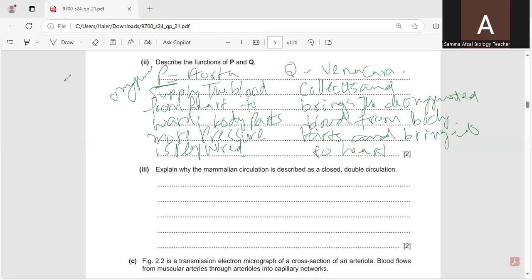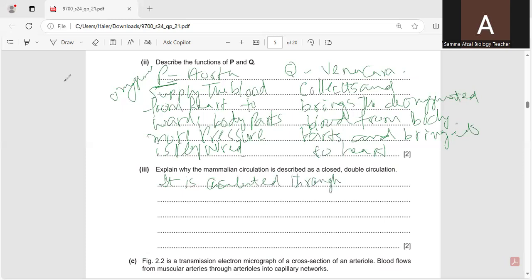Explain why the mammalian circulation is described as closed double circulation. It is called closed because it is circulated through vessels.